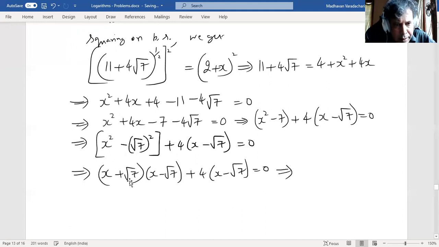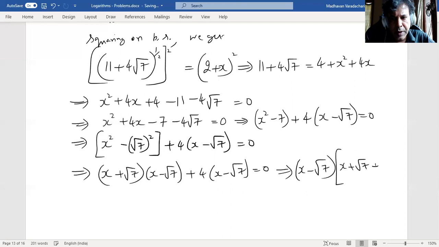Now, in this and in this, the common term is x minus root 7. So inside, I can write it as (x plus root 7) plus 4 equal to 0.